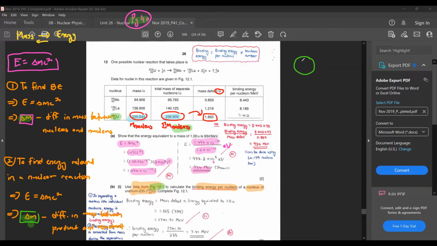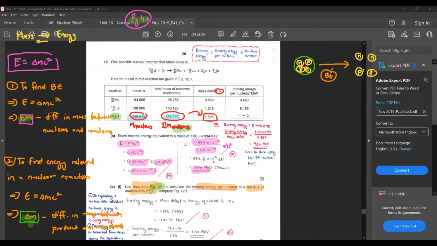What we mean by that was that if this one was your nucleus, and I tell you that there are 2 neutrons and 2 protons here, if you separate them into the individual nucleons, this one will be 2 neutrons, 2 protons here. Whatever energy that you took to separate this nucleus into the individual nucleons, this one will be the binding energy.